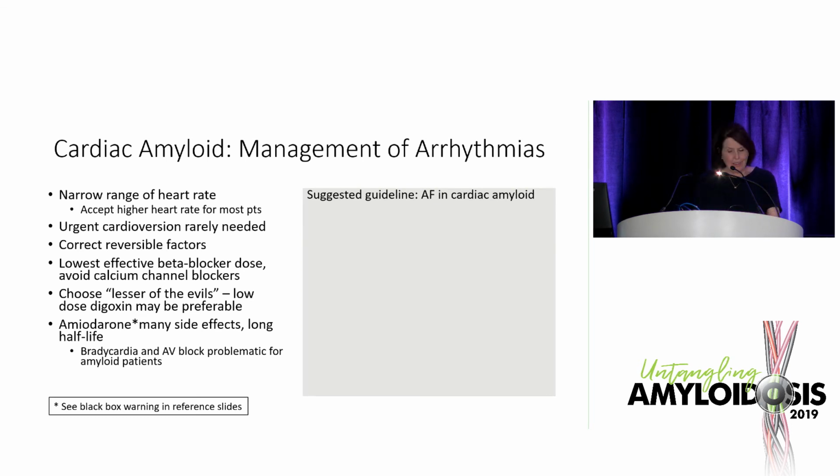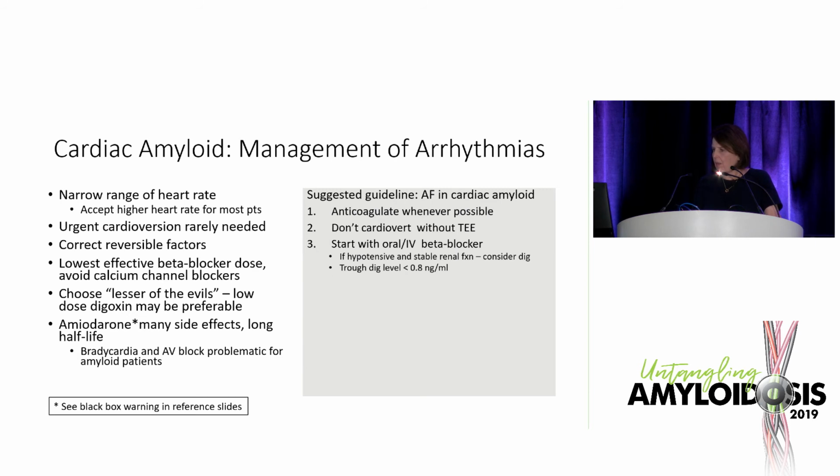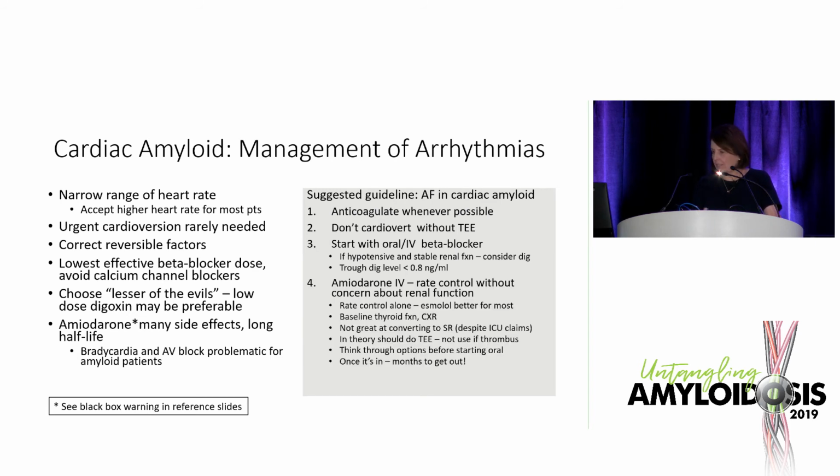So I included, I'm going to go through this quickly in the interest of time, but I think you want to use the lowest amount of beta blocker. You can consider digoxin for these atrial arrhythmias. Amiodarone, if you're just using it for rate control, is a complex medication, especially if you're going to transition the patient to long-term oral amiodarone.